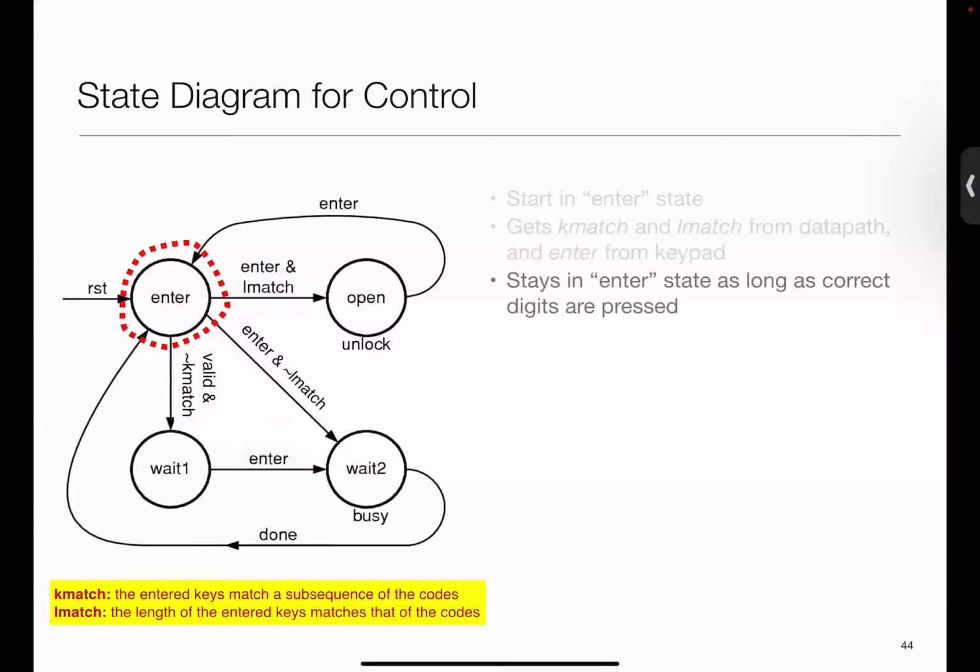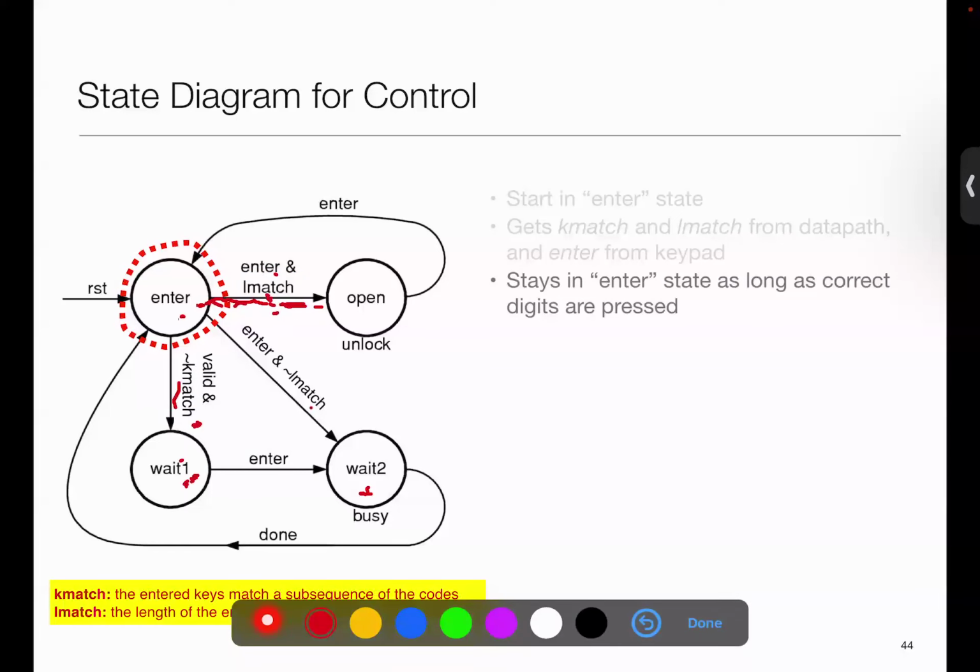We stay in the state as long as the correct digits are pressed. As long as the user is pressing 4, or 4, 5, or 4, 5, 6, or 4, 5, 6, 7, we stay in the enter state. If the user violates this, either presses enter and there was a length mismatch, or there was ever a key mismatch, I go to these delaying states.